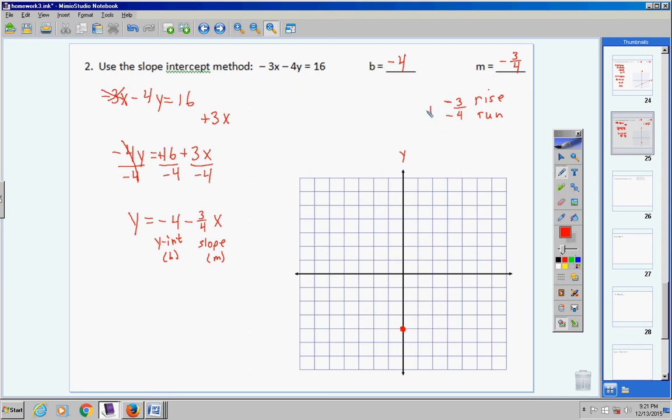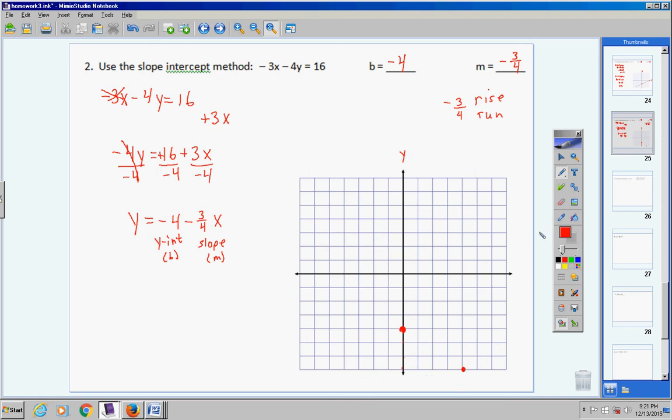That makes the whole fraction become positive, and you don't have a positive fraction, you have a negative fraction. 3 and over 4 to the right.